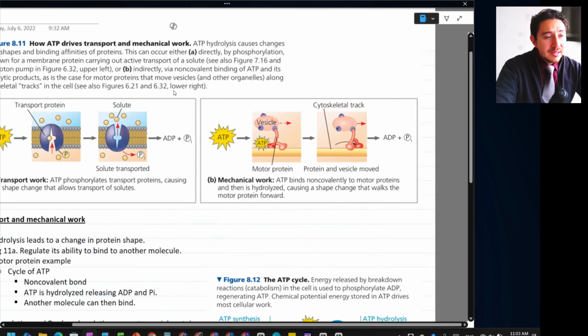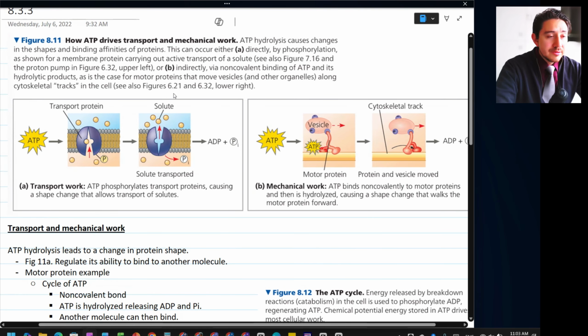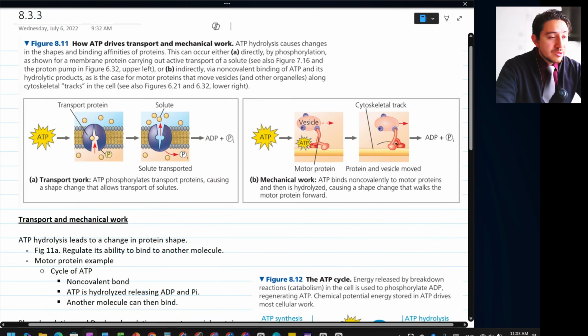You can see this not just with glutamic acid and glutamine synthesis, but you see this a lot with active transport work. We're going to see how we have transmembrane proteins embedded within the cell membrane to pass molecules inside the cell or outside of the cell. This can require ATP. ATP can phosphorylate the protein, changing its shape to enable a solute to move from one place to another.